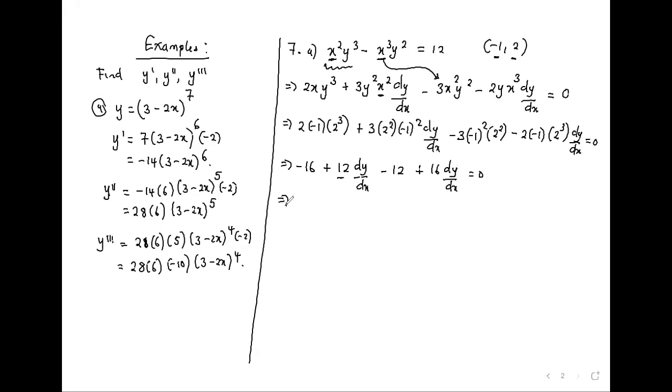So that 12 plus 16, we get 28 dy/dx, which is equal to -16 minus 12, that is -28, which becomes +28 when taken the other side. Then divide by 28, divide by 28. This will simply mean that dy/dx is equal to +1.